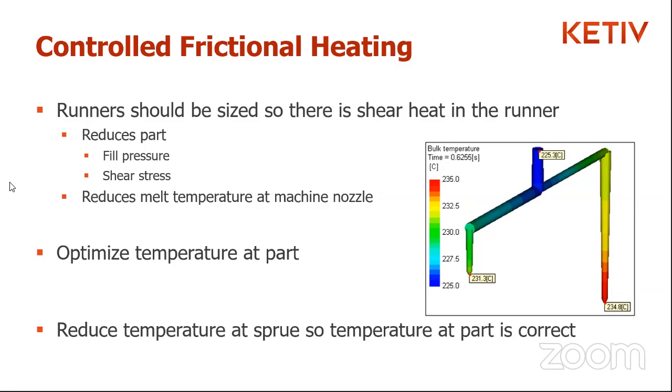Now, again, you need the runners to be large enough that there is actual heat in the runner. You want the part temperature to be optimized, and you want to make sure that you can actually control the heating that goes through the runners.